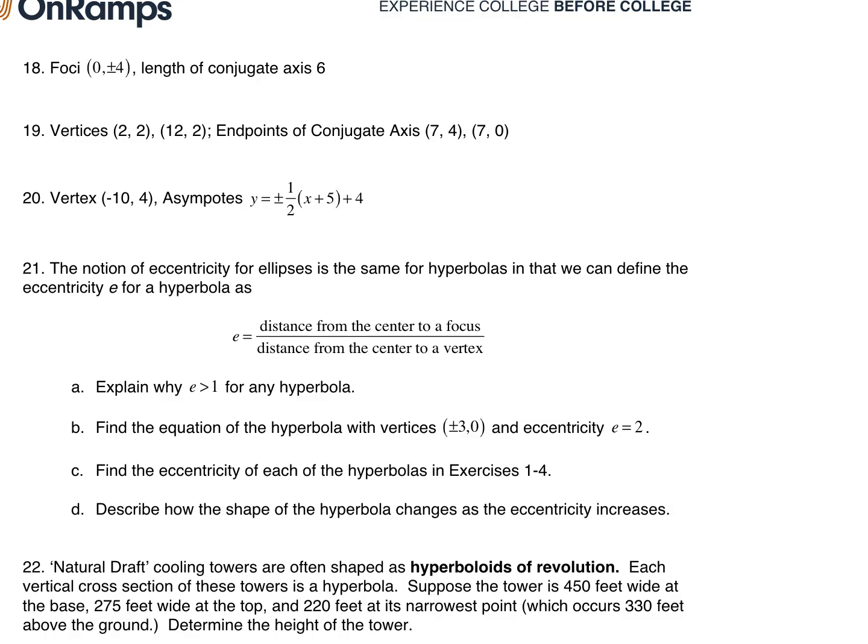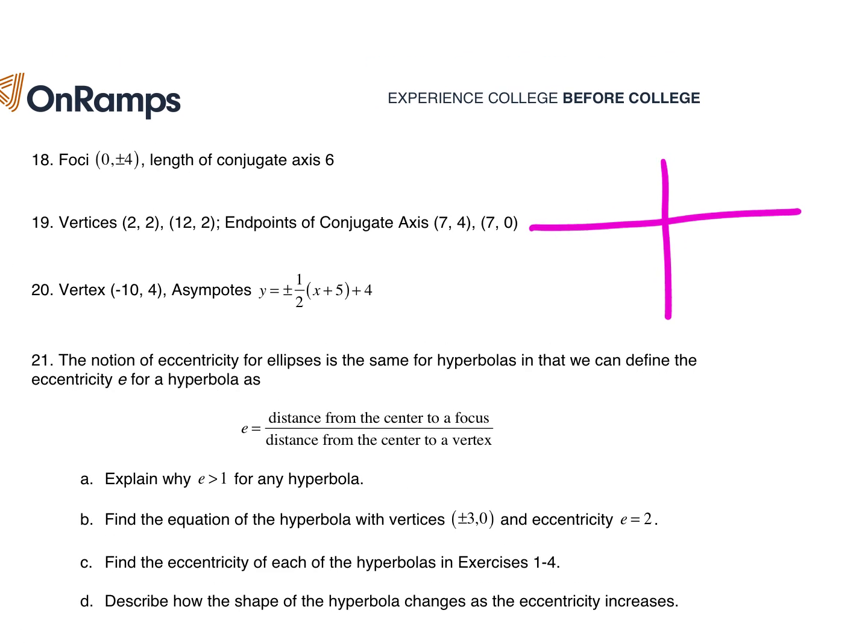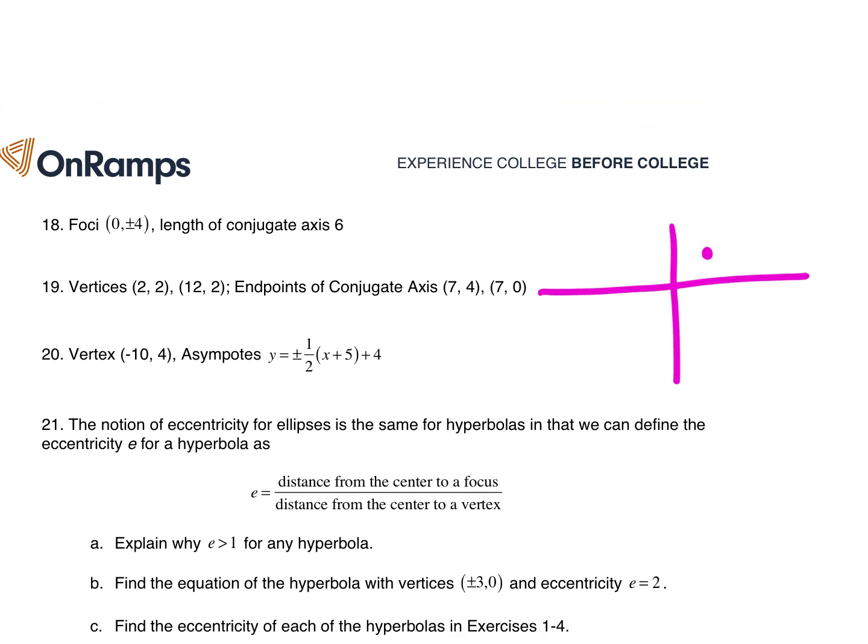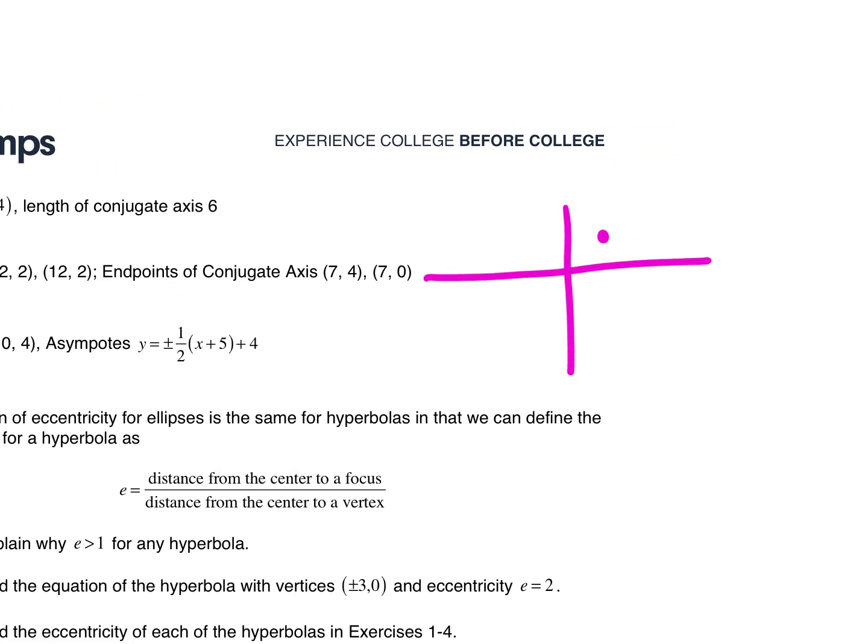Wonderful. So if I were to go graphing whatever they have here, I have a point at 2, 2. Then I have another point at 12, 2. What's wrong with that one over there? There we go.